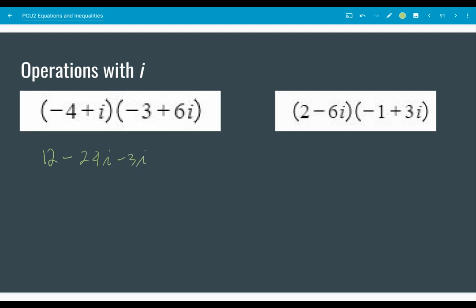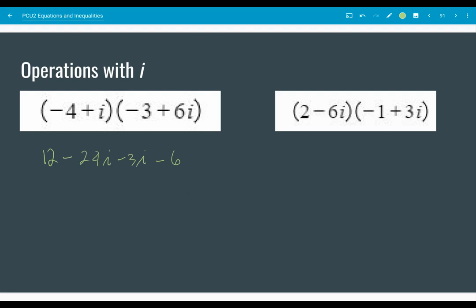And then this is going to be minus 6, because i times i is -1. Remember, i is the square root of -1, and the square root of -1 times the square root of -1 gives us -1.